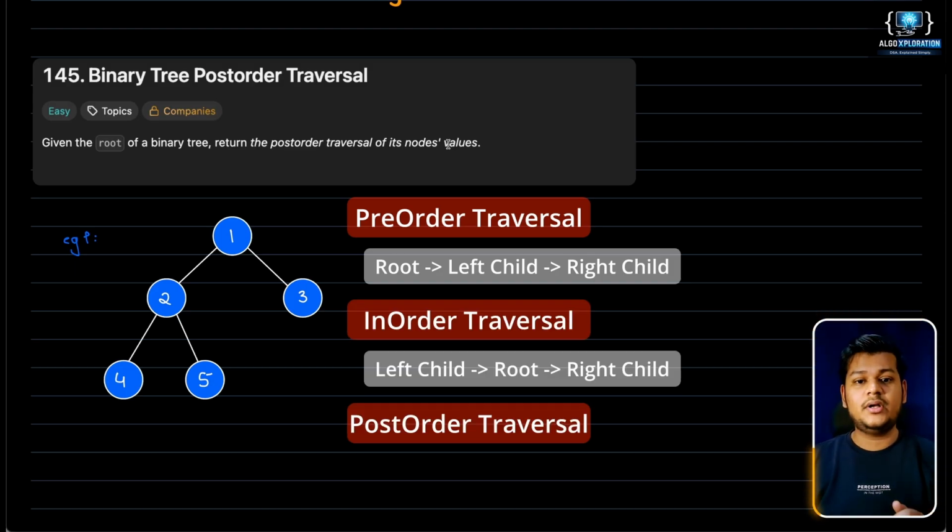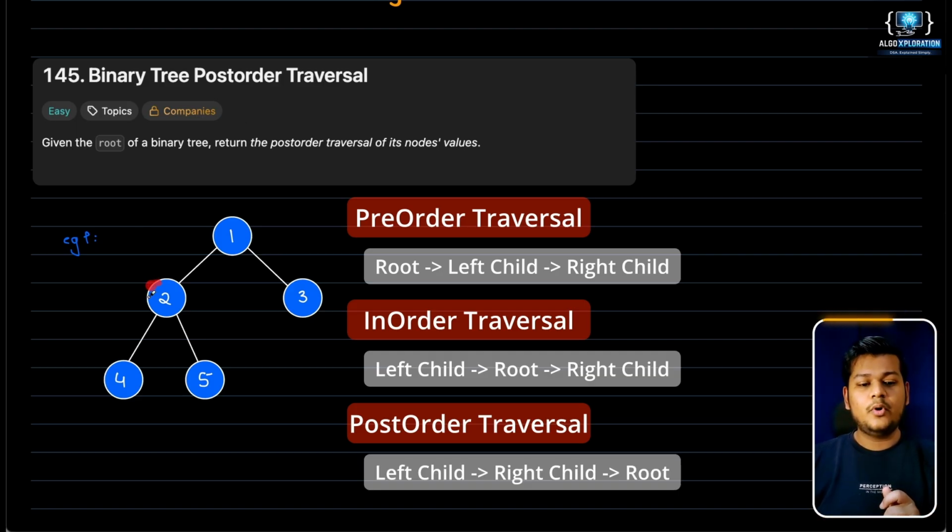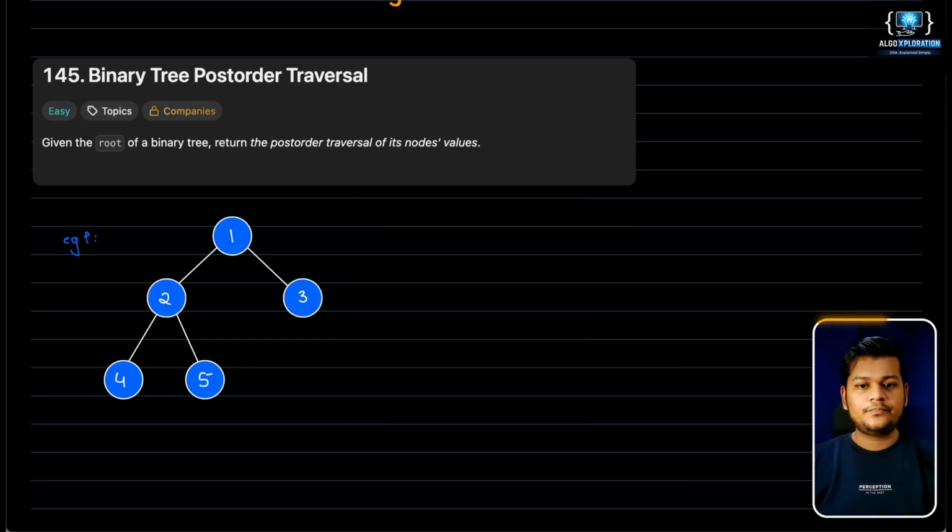And in post-order, we will be processing both children, if they exist, and then we will come to the root. So if I'm standing over here, first I'll process the left child, then the right child, and then the parent or root. Okay, I believe you got it.